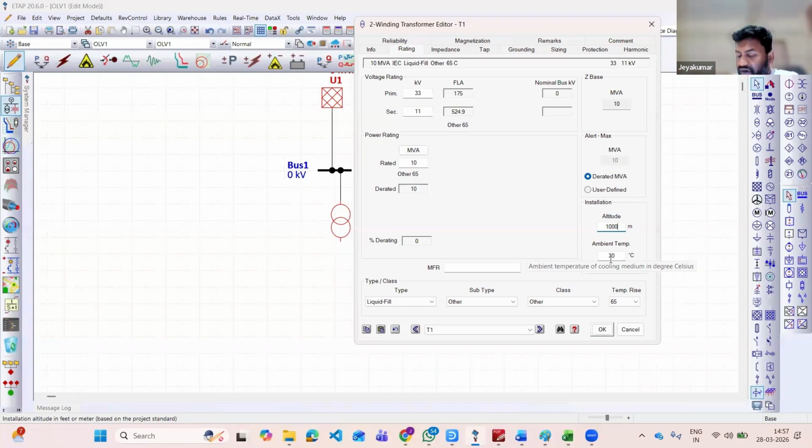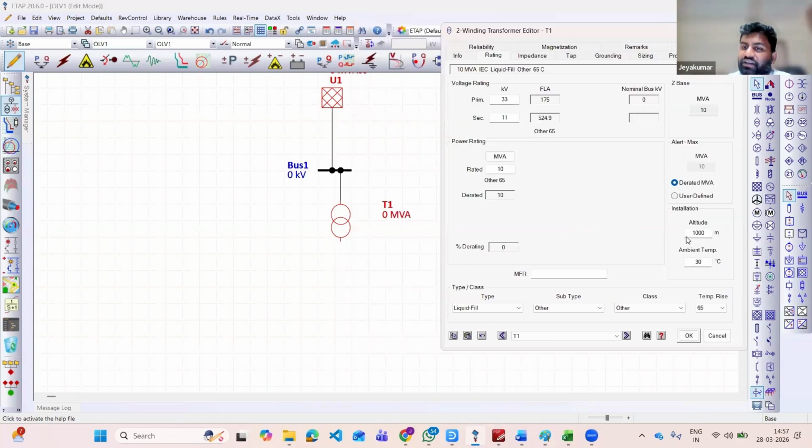So for your calculation, you have to use only 10 MVA. Okay. So while entering this value, do not do anything. Just leave it as it is. Simply ignore it. Right. So that is very important, because when you are using the software, you should understand that. Otherwise, it won't be useful. So you have to be very careful with this information, guys.